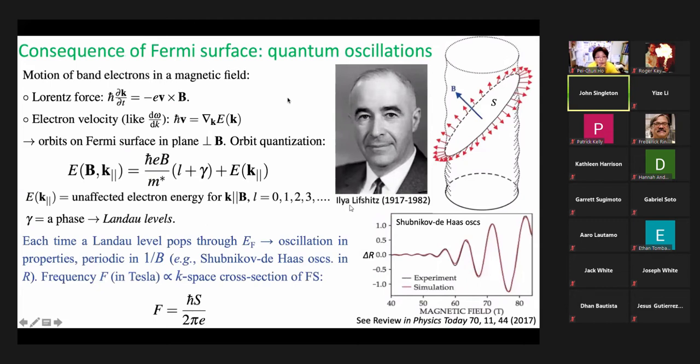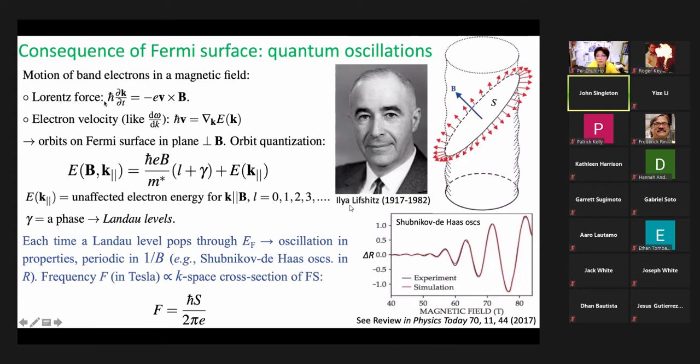Anyway, here's an important consequence of Fermi surfaces, and these are magnetic quantum oscillations. Now, the motion of electrons once they're in a solid is governed by an equation of motion that looks really like free electrons, except there are some subtle differences. First of all, we deal with the wave vector k rather than momentum.